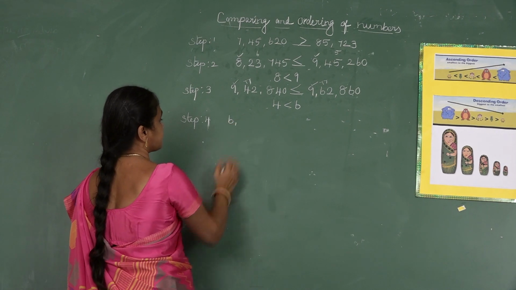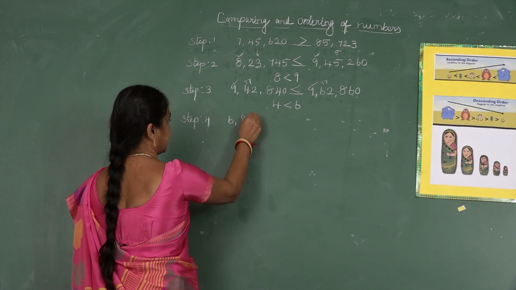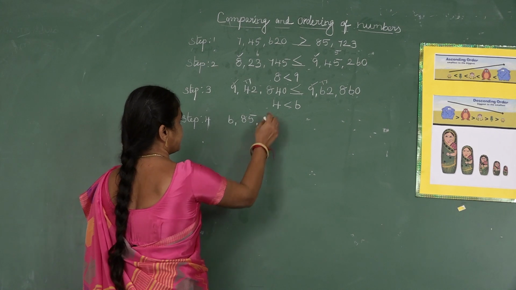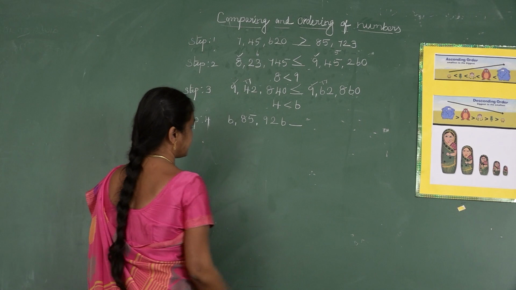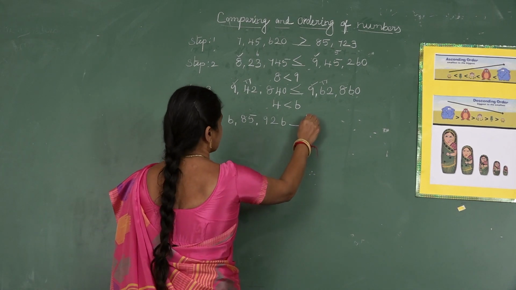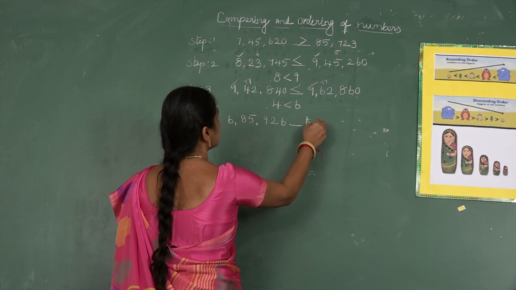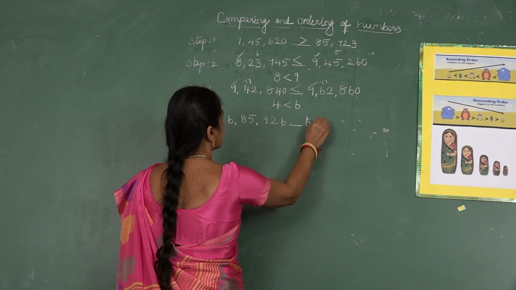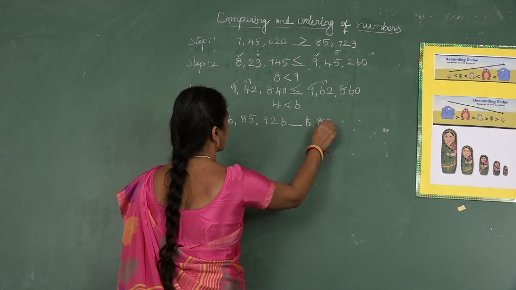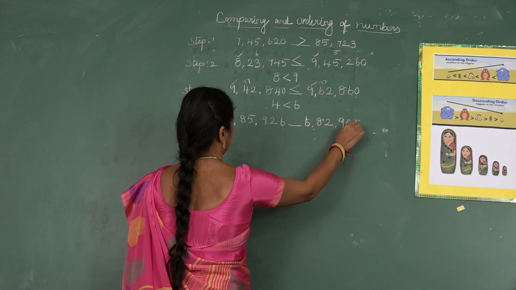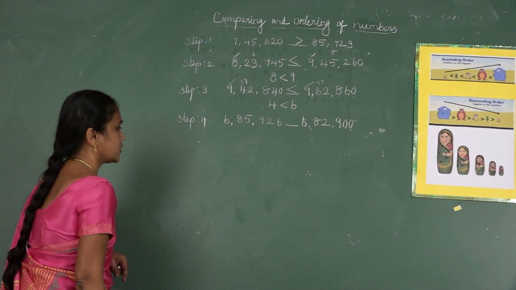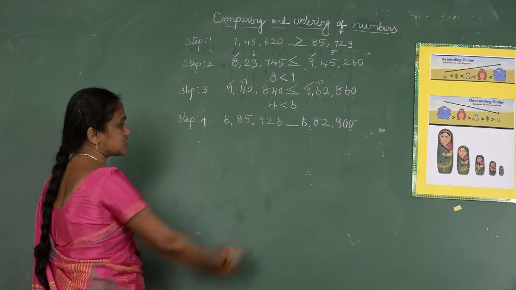6 lakhs 85,926 and 6 lakhs 82,900. See these two numbers.